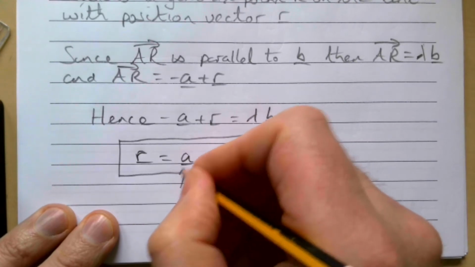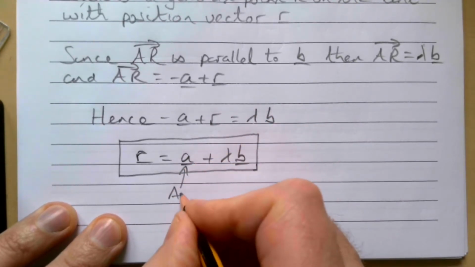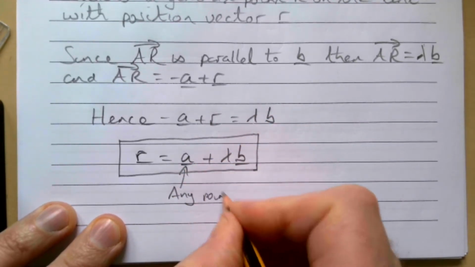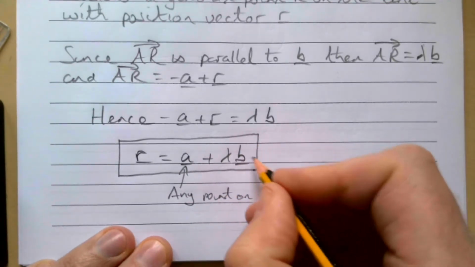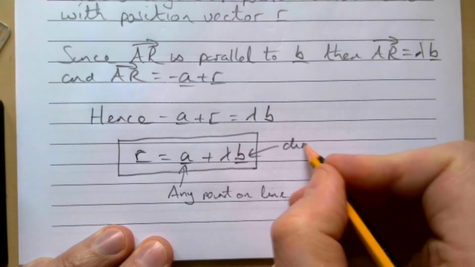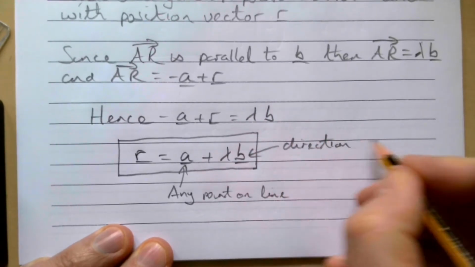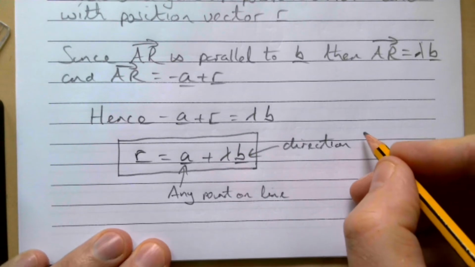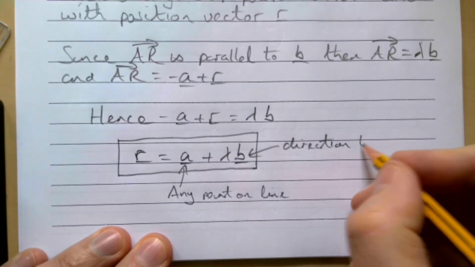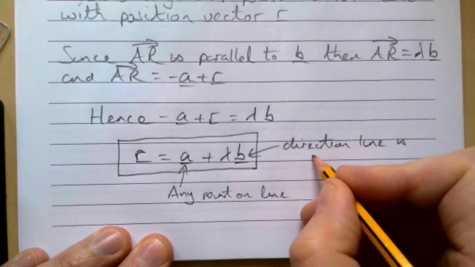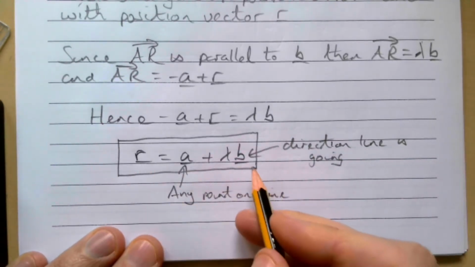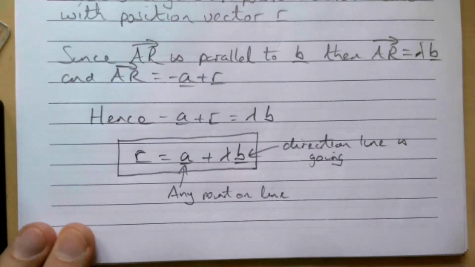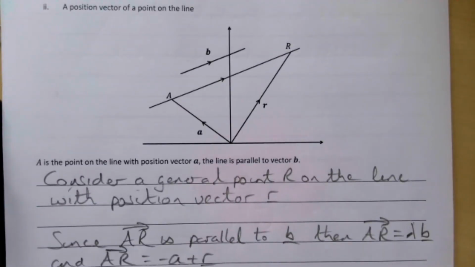A is any point on the line and the B gives the direction the line is going. And that's how we work out our vector equation of the line. It makes a bit more sense if we chat a wee bit longer about it.